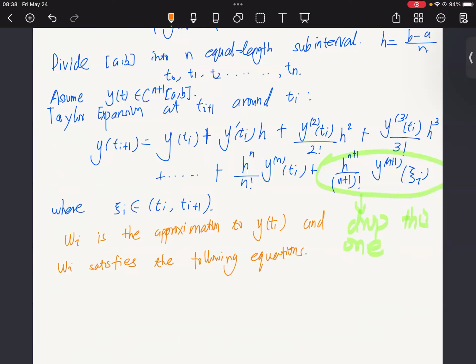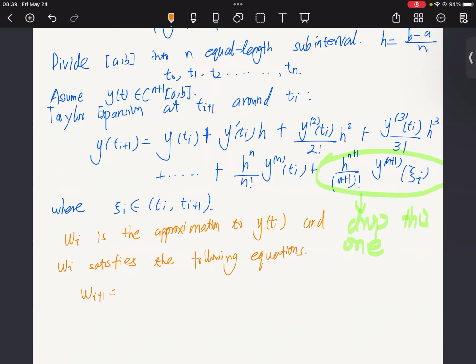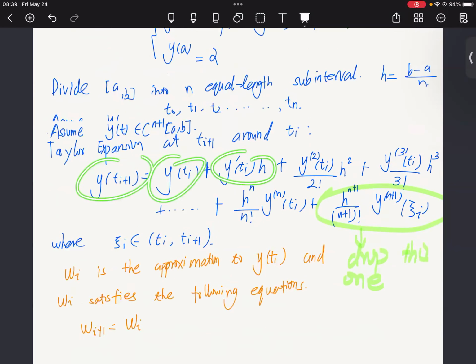On the right hand side, we have w_{i+1}, which equals y(t_i), and we are going to use w_i to approximate it. So this is w_i, and this is the item y'(t_i) times h. What's y'(t_i)? This is just f.